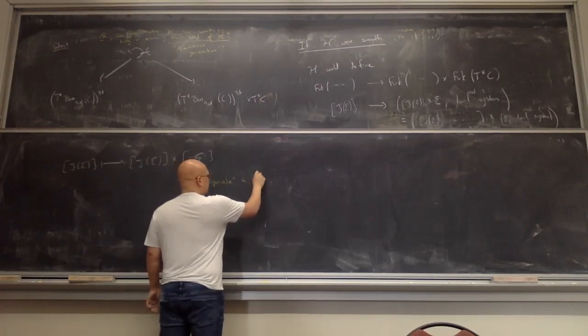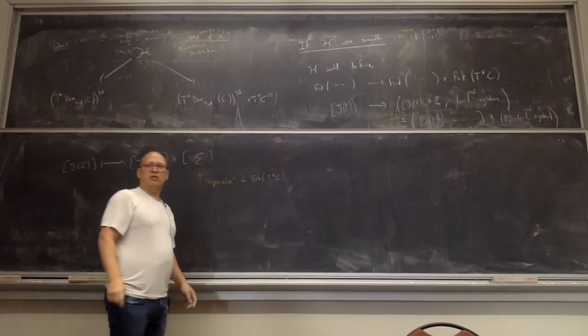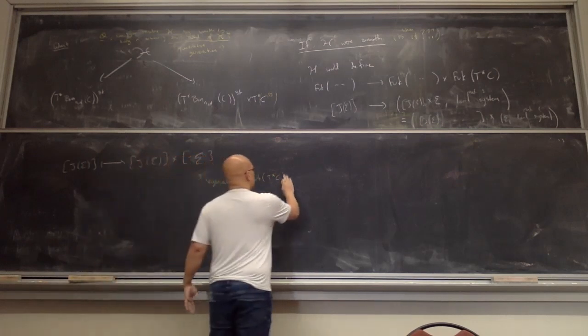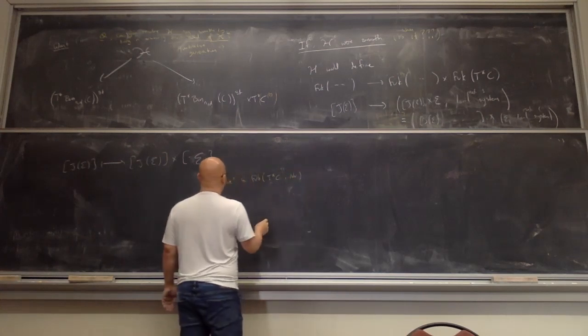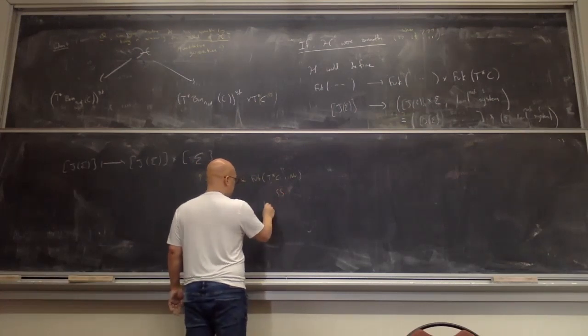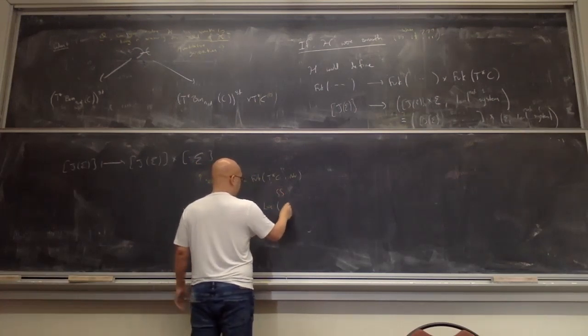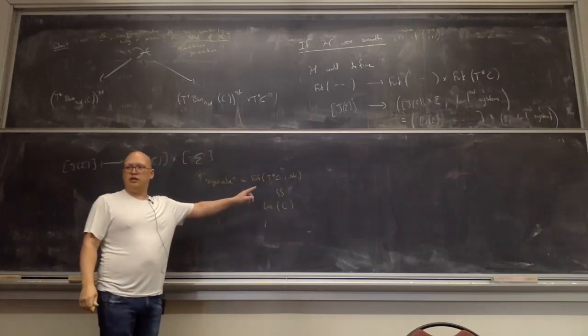It's at the moment in the Fukaya category of T star C with Novikov coefficients, which is isomorphic to what we wanted, local systems on C. So my eigenvalue lives in the correct place.